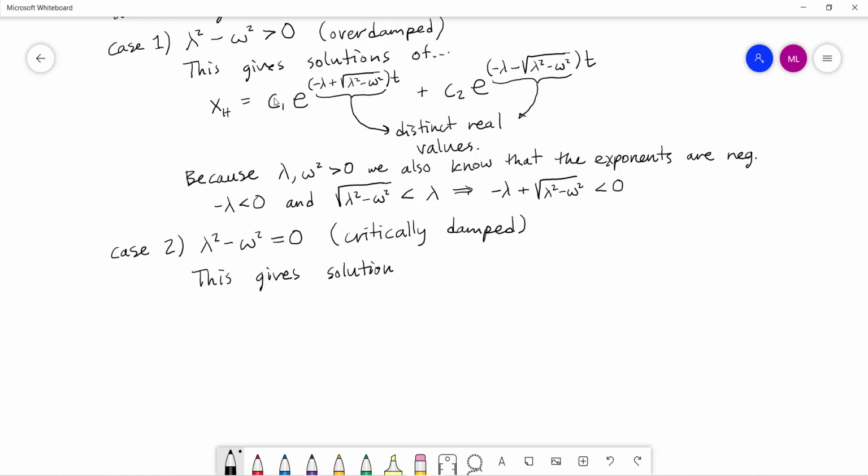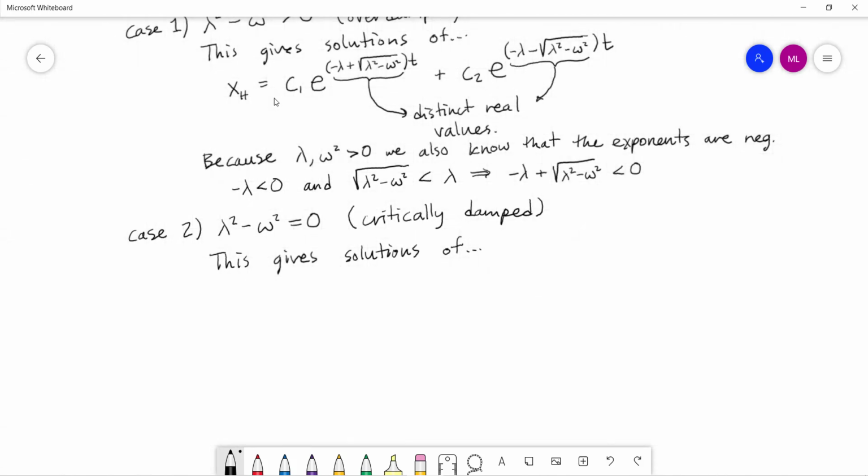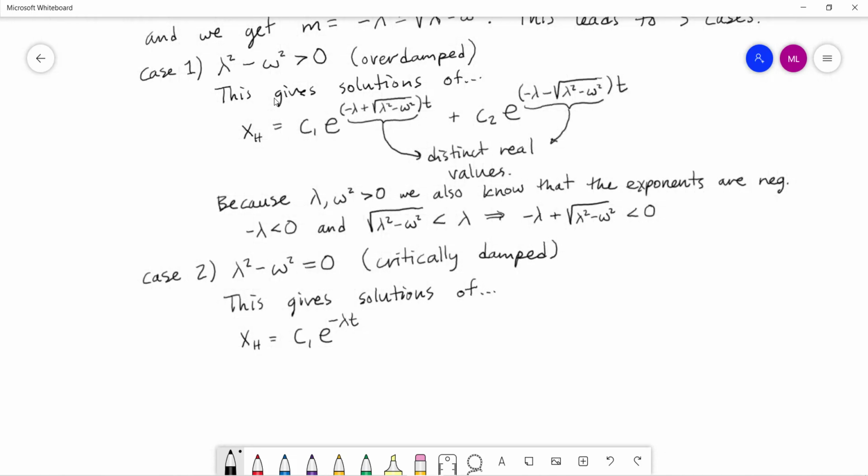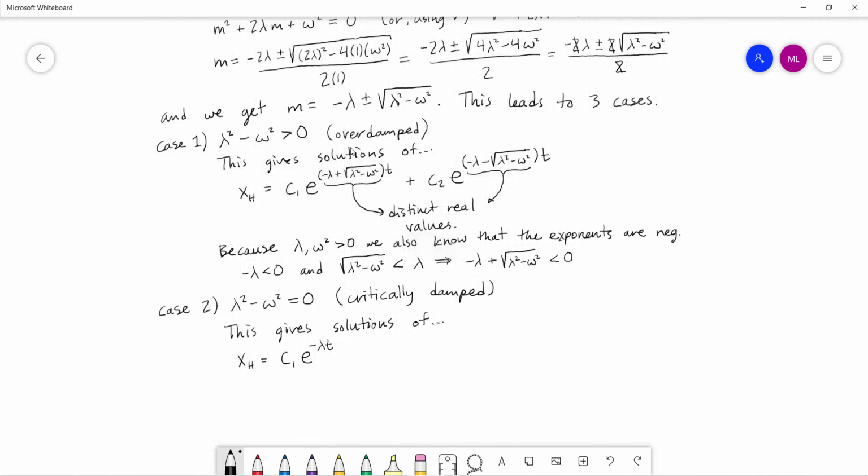Solutions of the form x homogeneous is going to be equal to C1 times e to the negative lambda t. That's because I'm plugging into the same form that we have here, but now lambda squared minus omega squared is equal to 0, so this whole term is gone.